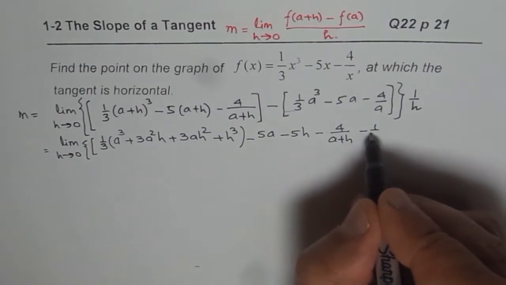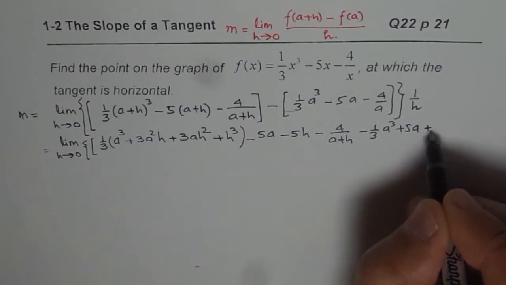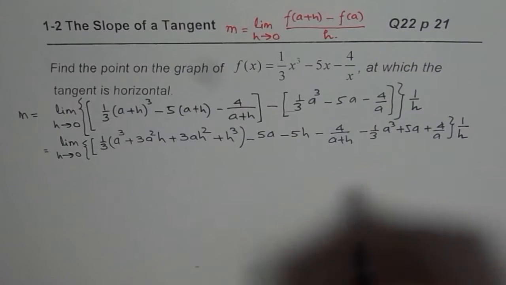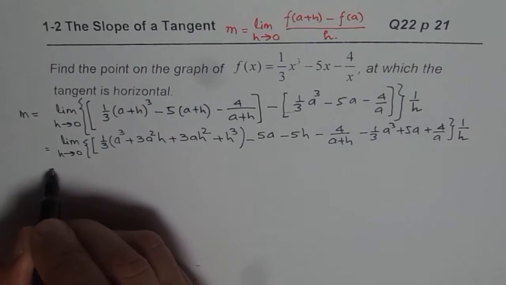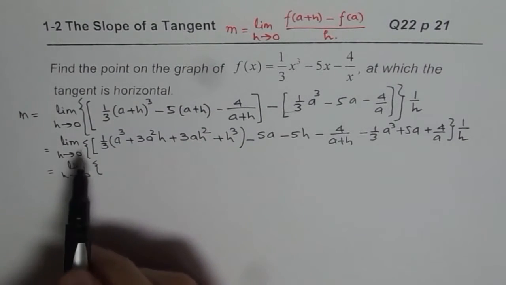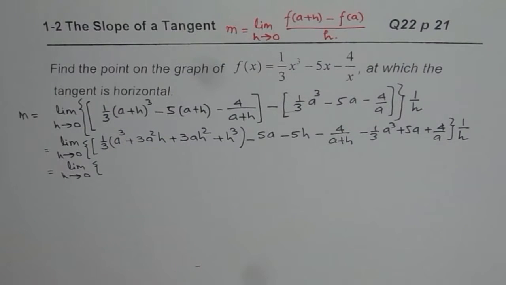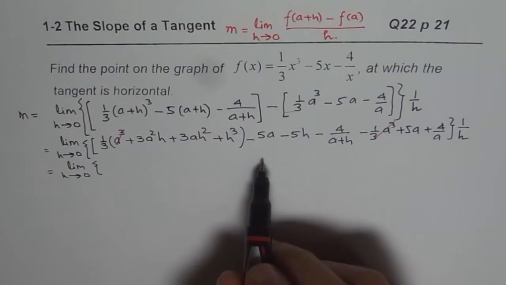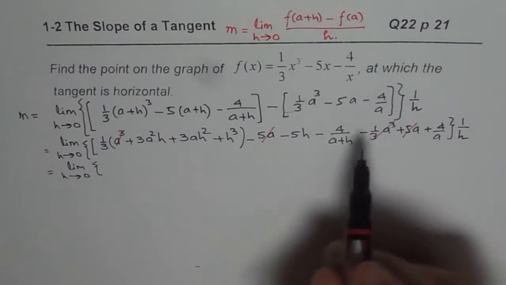We get minus 1 over 3a cube plus 5a plus 4 over a, and times 1 over h. Now let's simplify it further. If I open the bracket, 1 over 3a cube and 1 over 3a cube cancel out, correct? And plus 5a and minus 5a cancel out. So these terms cancel.